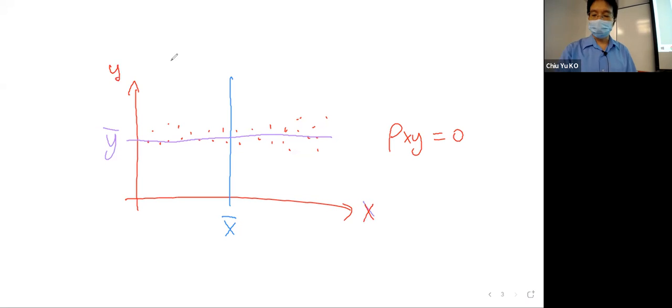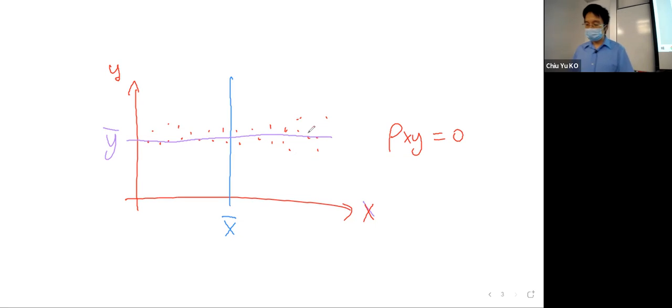Okay. Remember, when the correlation is positive, it means that if I tell you one is above the mean, the other is more likely above the mean. If I cannot tell whether it is above or below the mean, it is hard, right? So I can tell you the data is above the mean on the right-hand side. Can you tell me whether it's above the y bar or below the y bar? Which one is more likely? You can't tell, right?